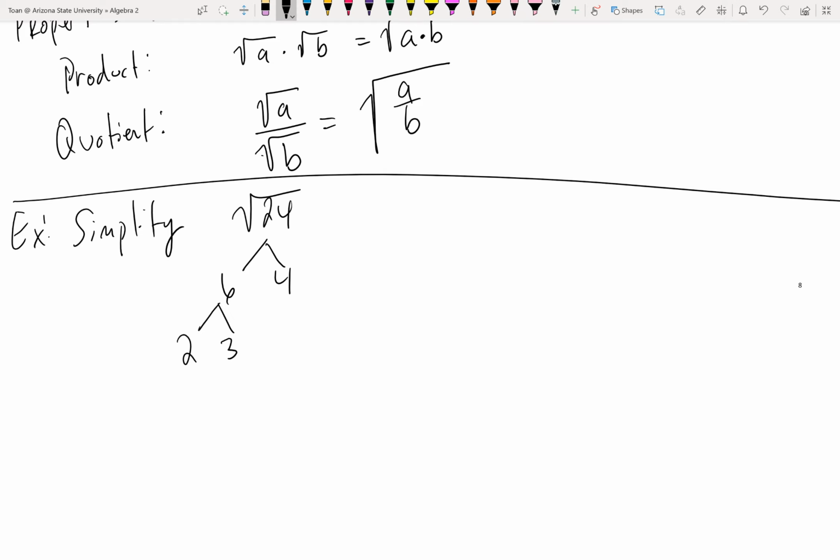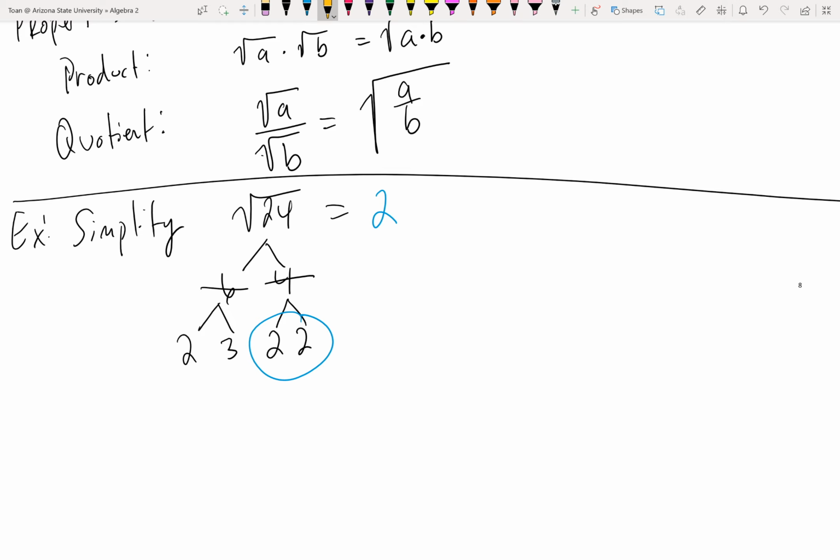Notice when I split numbers, I like to cross them out so I don't double count them. And I know 4 can be split into 2 times 2. What you want to look at next is duplicates. Are there any single numbers that repeat or appear more than once? In this instance, I have 2 2's here. So that means my original radical, radical 24, is equal to a single 2 on the outside.